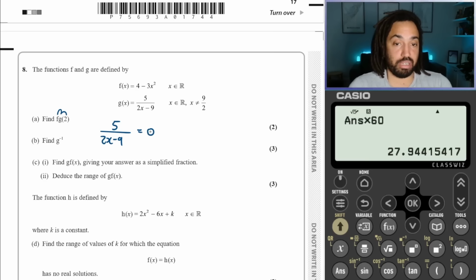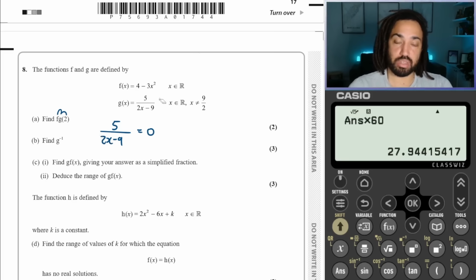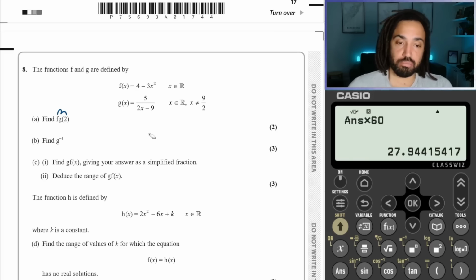You multiply up and it will just make nonsense. It'd be 5 equals 0. So 0 is the only thing which cannot come out of this function. So therefore it's the only thing that cannot go in to the inverse function. Brilliant.